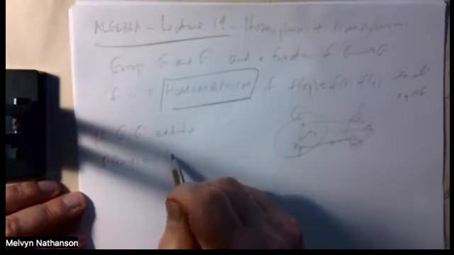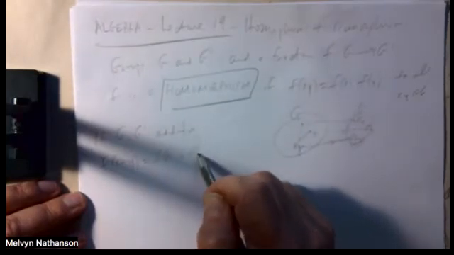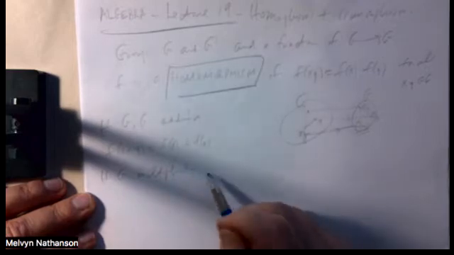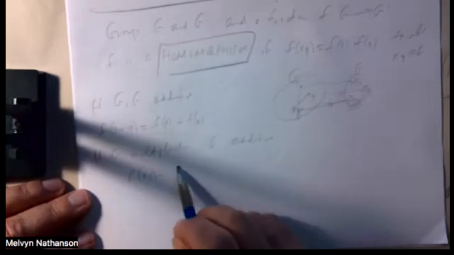For example, if G and G prime are additive, then we would write f of x plus y equals f of x plus f of y. If G is multiplicative and G prime is additive, we would write f of xy, this is multiplication in G, equals f of x plus f of y, they're over in G prime, and there the operation is plus.